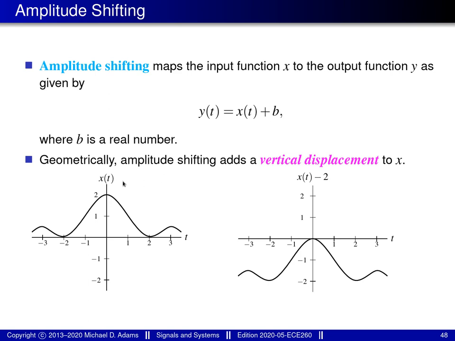Geometrically, the effect this has on the graph of the function is that it just vertically displaces the graph, either upwards or downwards. For example, if we have a function x like what's shown in the graph on the left of this slide, and we subtract 2 from the function x, the effect is that it vertically displaces the graph of the original function, moving it downwards by 2 units.